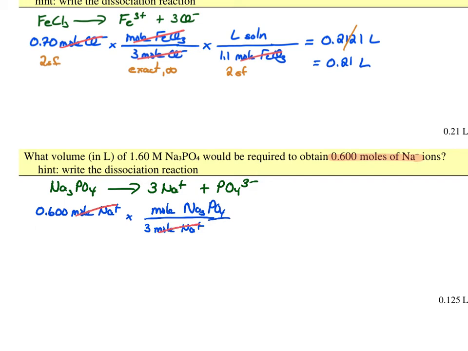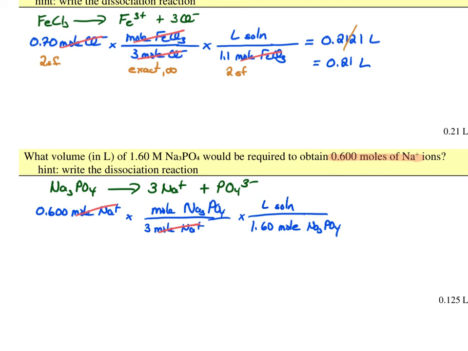So now we know how many moles of our solute we need to obtain that targeted amount of sodium ions. And again, we can use our conversion factor to obtain our answer. So 1.60 moles of our solute is equivalent to a liter of solution.